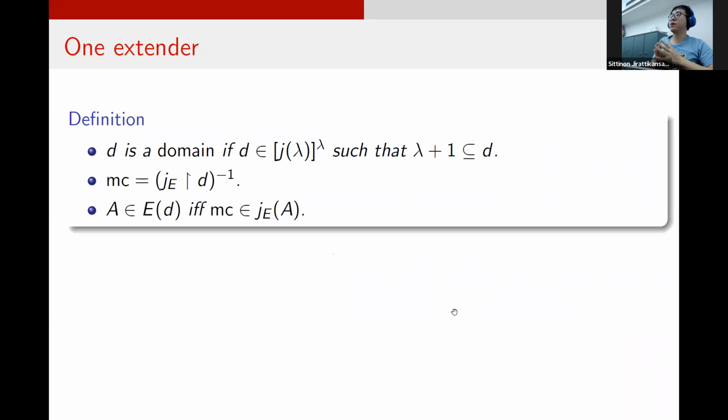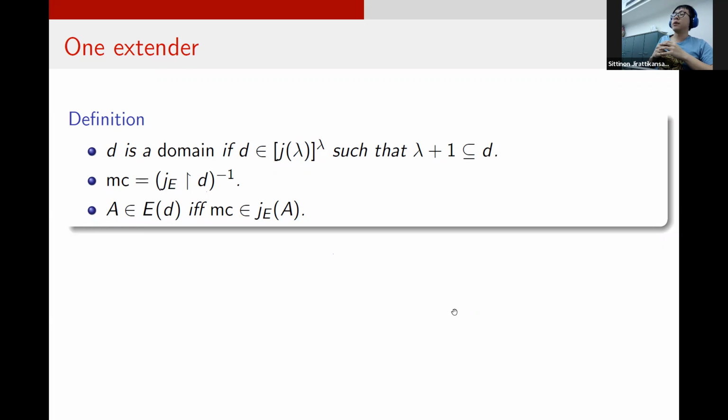So I want lambda plus 1 to be a subset of D. So a few cardinals which are important that you have to keep in mind is kappa and lambda will be in D. So those are two important cardinals. I define MC as usual. So it's going to be just the map J E restricted to D, inverse.